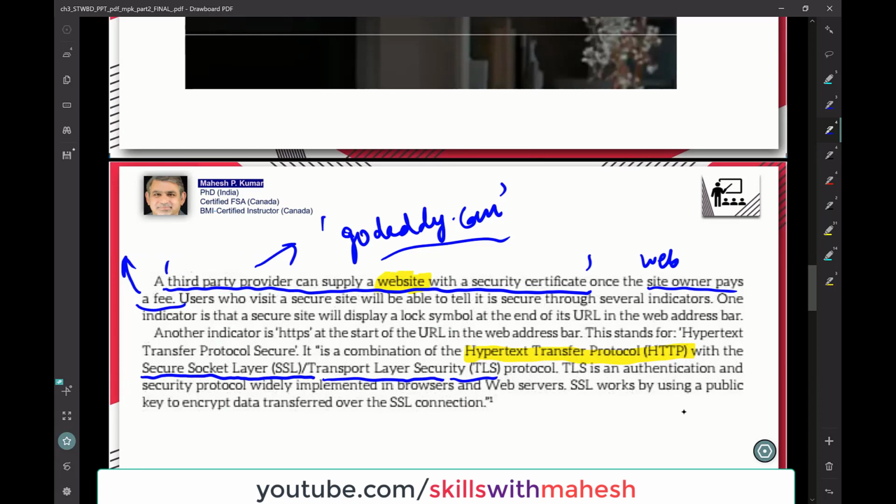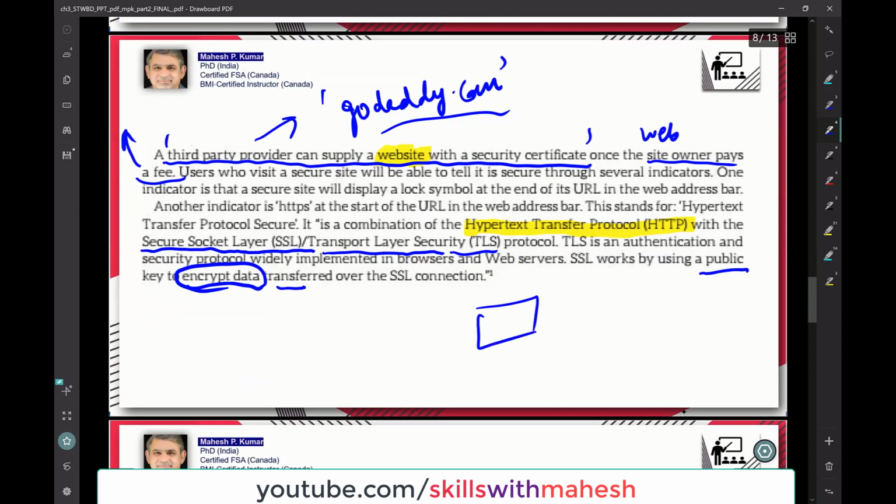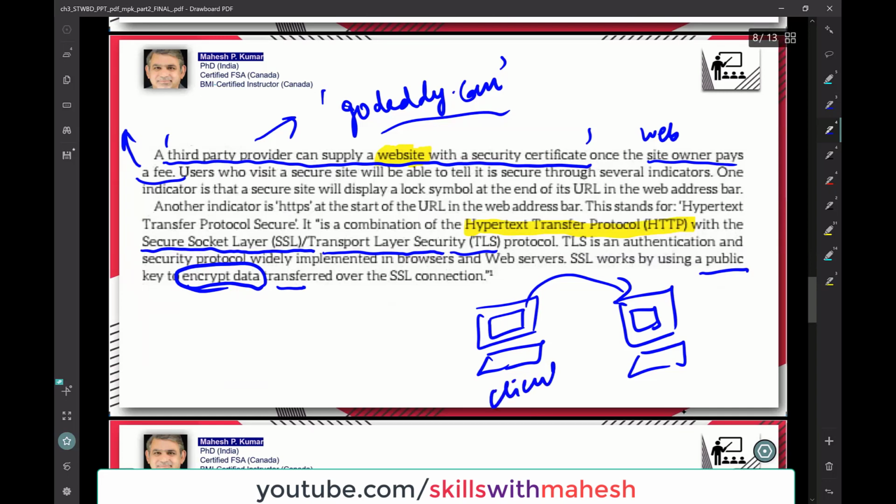And what it would do is that the data now traveling is encrypted data, right? Suppose there is a client trying to purchase something from my website. Suppose I am selling it, and this guy has filled in credit card information, and this information is traveling from the client to the server website, we can call it.